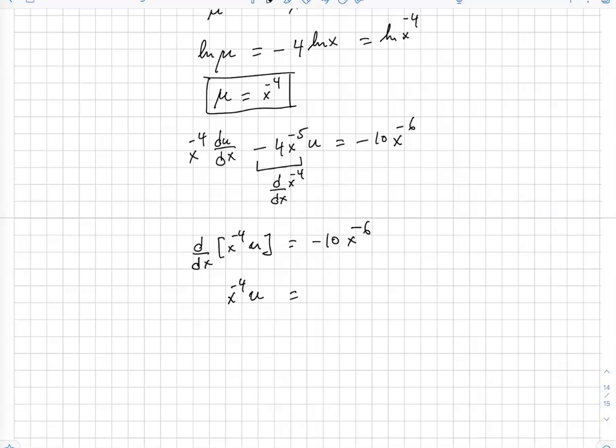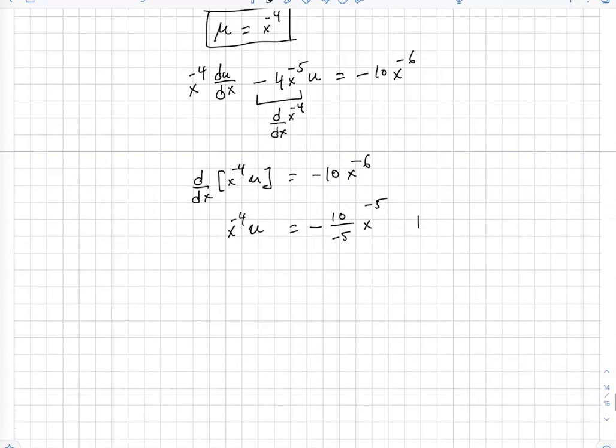Integration of x to the power minus 6 is going to be minus 10 divided by, so integral x to the power minus 6 is, I use the formula x to the power of n, so 1 by n plus 1, n is negative 6, so 1 by negative 6 plus 1 is negative 5, x to the power negative 5, and put a constant, which is the constant of integration.